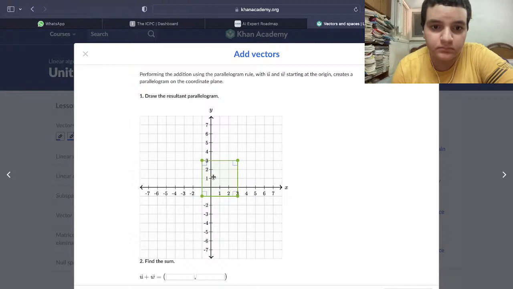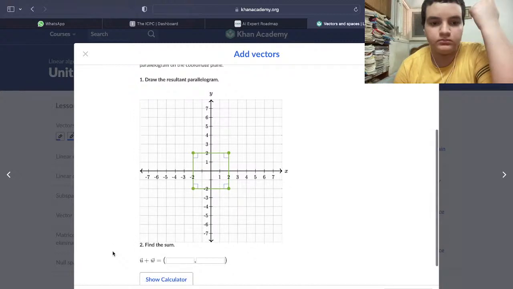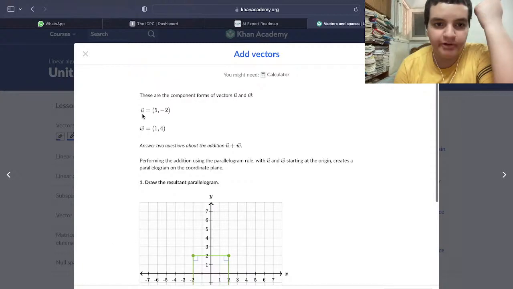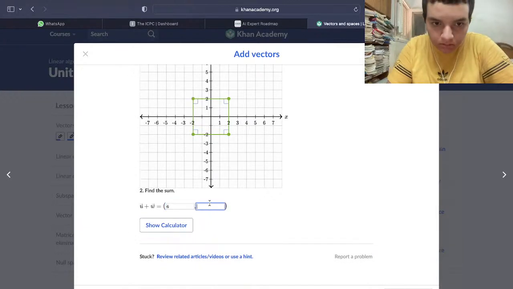So first, let's find the sum. 5 plus 1 is 6. 6 and 2. Okay.